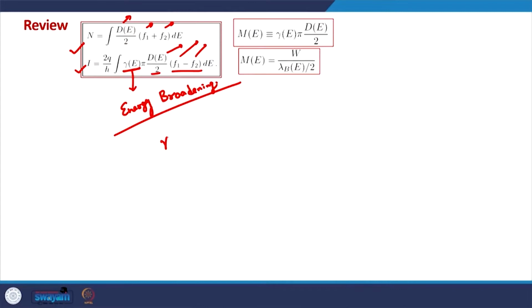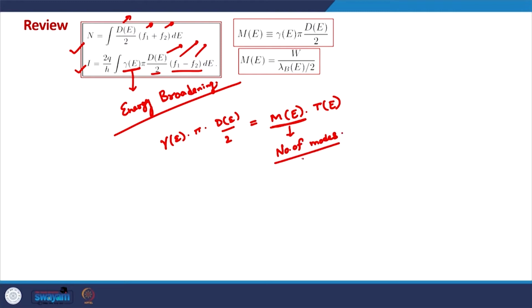In the case of diffusive transport, this term, gamma E times pi dE by 2, is actually written as Me times Te, where Me is the number of modes and it depends on the energy broadening in the system.